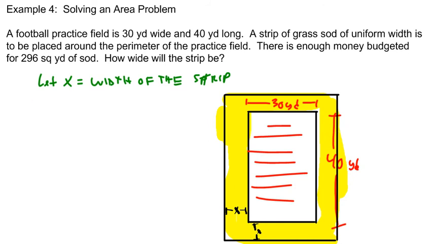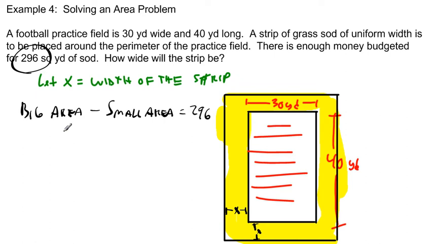So basically, I'm going to do the big area minus the small area, and that has to be equal to the amount of sod that we're able to lay down, which is going to be the 296. So for the big area, we need a length and we need a width, right?